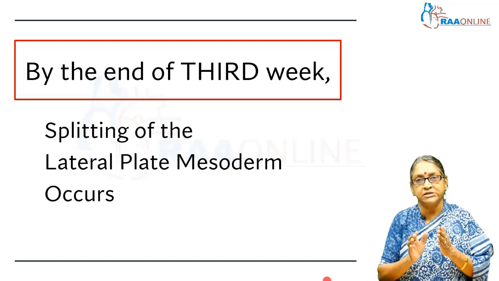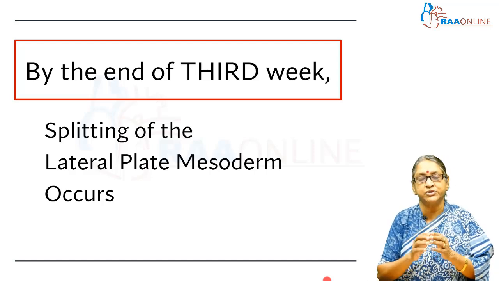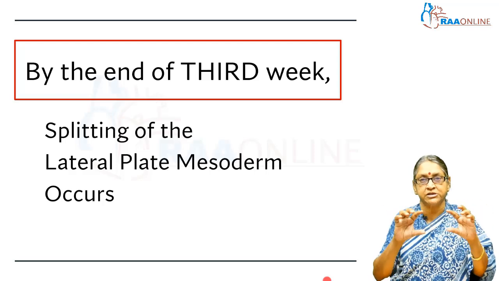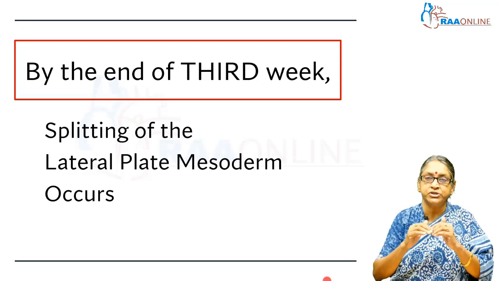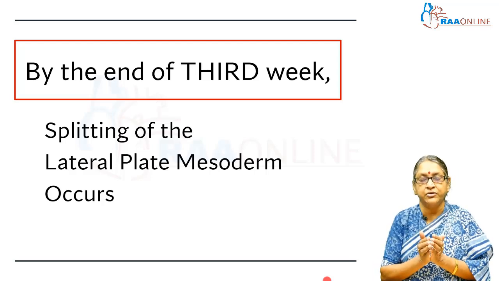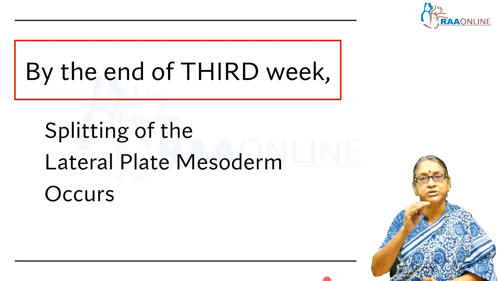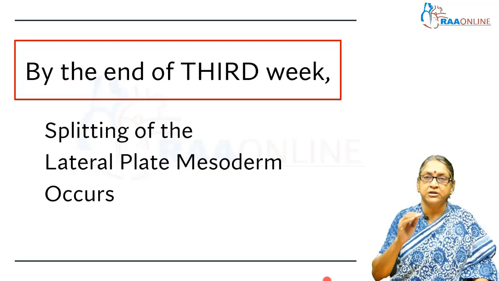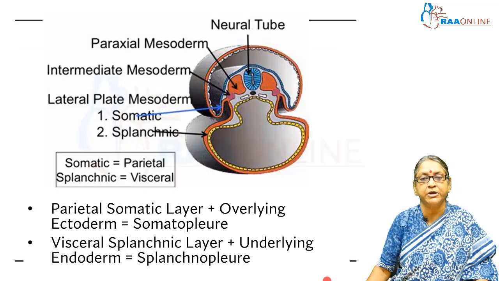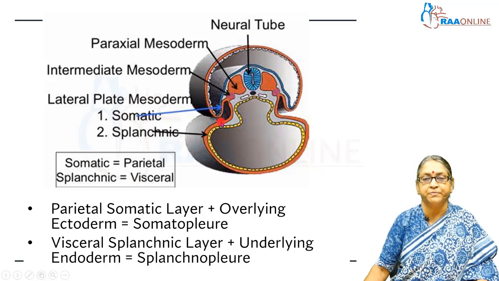When they coalesce, it gives an appearance as though the lateral plate mesoderm, which is a thick structure, splits into two. You have one layer closer to the endoderm and another layer closer to the ectoderm. So you find two layers. The layer closer to the endoderm becomes the splanchnic layer, and the layer closer to the ectoderm becomes the somatic layer, and that is the splitting of the lateral plate mesoderm.